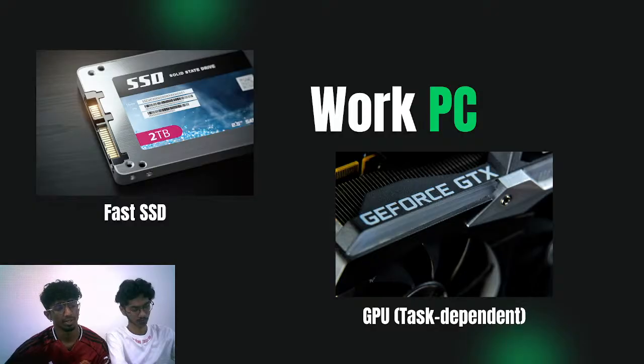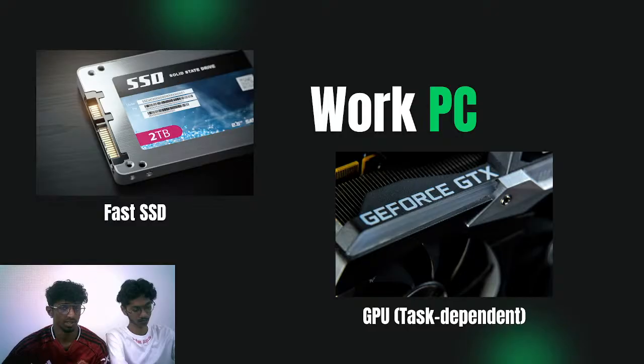So, when we compare budget PCs and work PCs, the difference is not just about the price, it's about the usage, the purpose. Budget PCs mostly focus on affordability and basic performance, often leaving room for future upgrades.